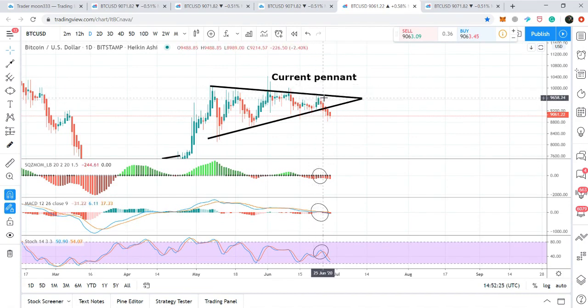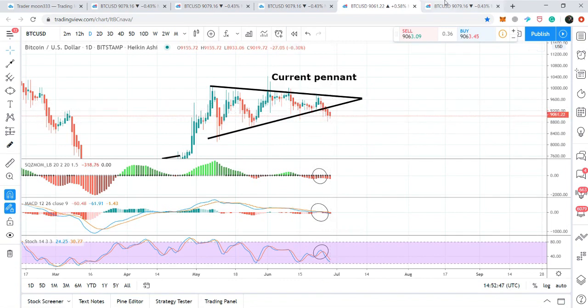I was expecting this spike up to $10,000, but it was only up to $9,800 and dropped down again to this support, and we can see that all these signals reversed back to bearish, and finally now the price action has broken down this support of the channel, this pennant.